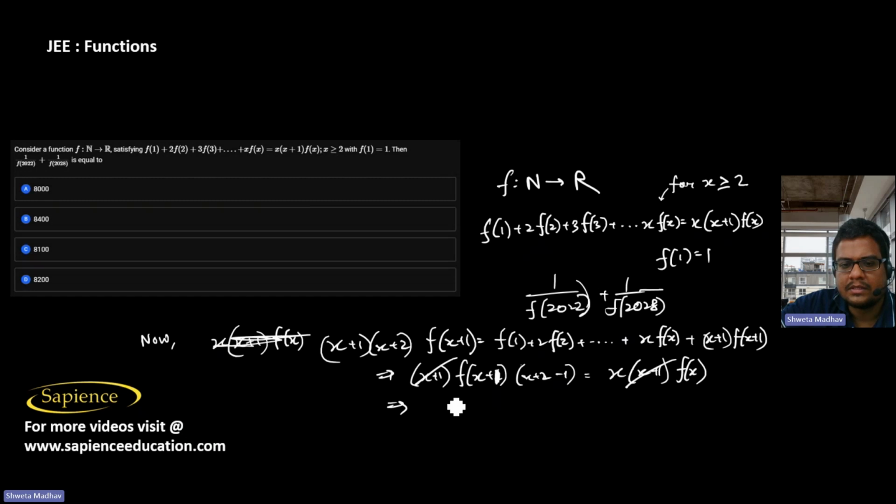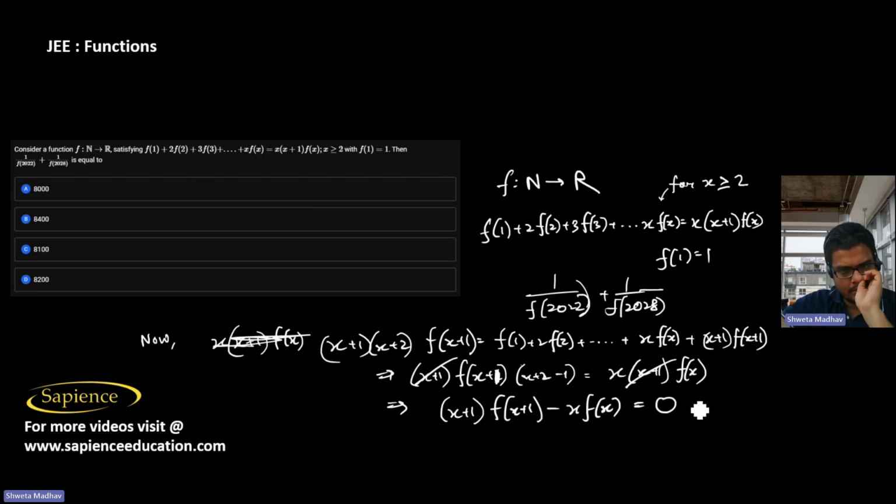Then we can say that (x+1) f(x+1) minus x f(x), that is equal to 0. So it is applicable for all x greater than or equal to 2.